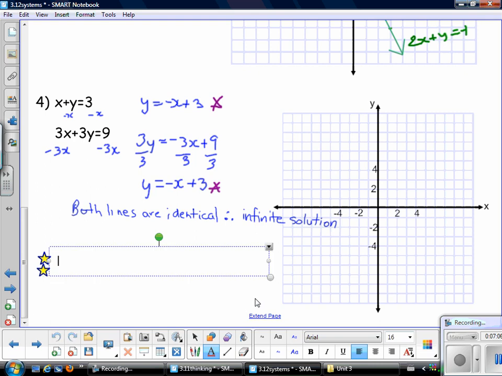If the lines have the same slope, they will never intersect.